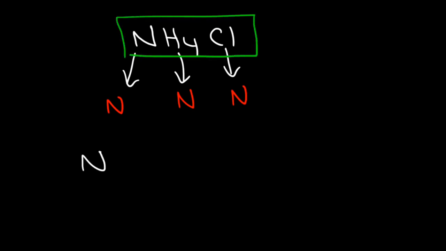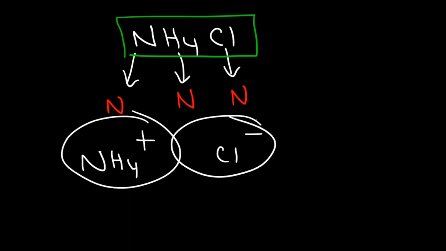Ammonium contains a net positive charge, and the chloride ion contains a negative charge. So because this is composed of ions, it's considered to be ionic. So watch out for exceptions. So anytime you see NH4, just know that it has a positive charge. So chances are it's an ionic compound and not a molecular compound.